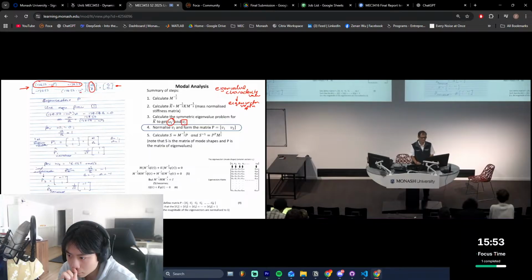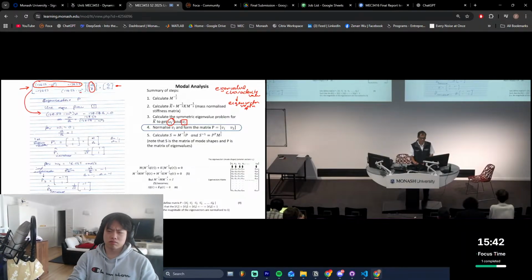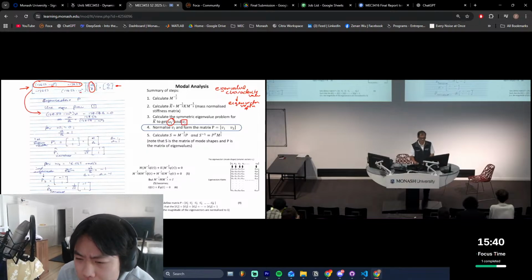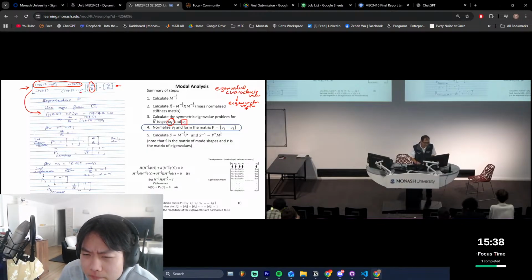If I consider the top row, this is what I have: 128.75 minus omega squared, A, minus 128.75 B must be equal to 0. Now this here forms the basis of our eigenvector. So A on B must be equal to this.